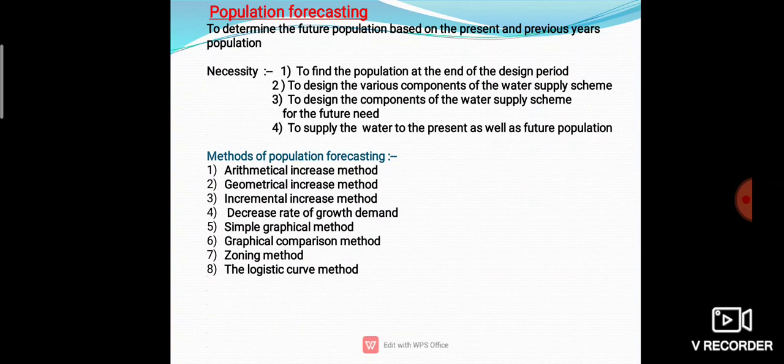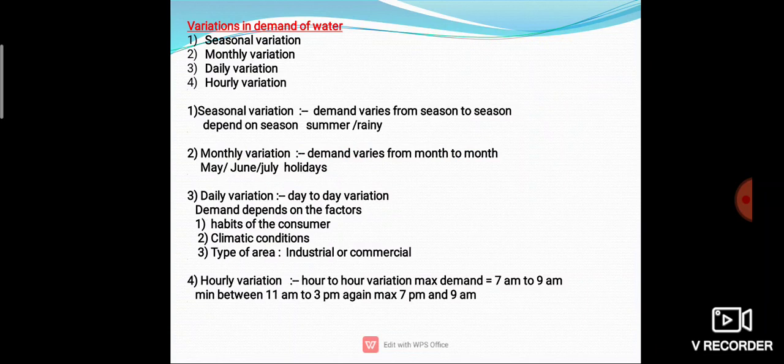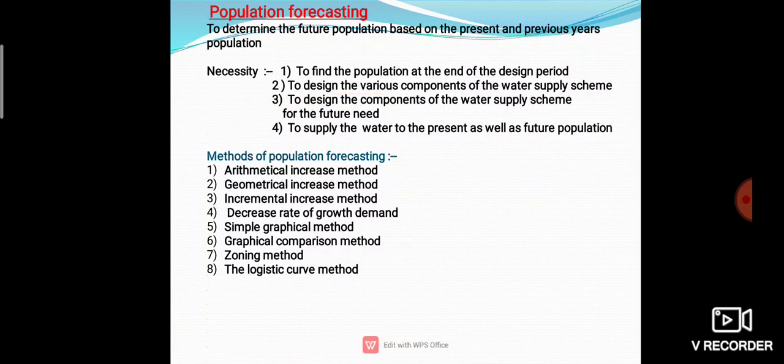There are some criteria for using these methods. Population forecasting means, as I discussed in the previous session, determining the future population based on the present and previous years' population.